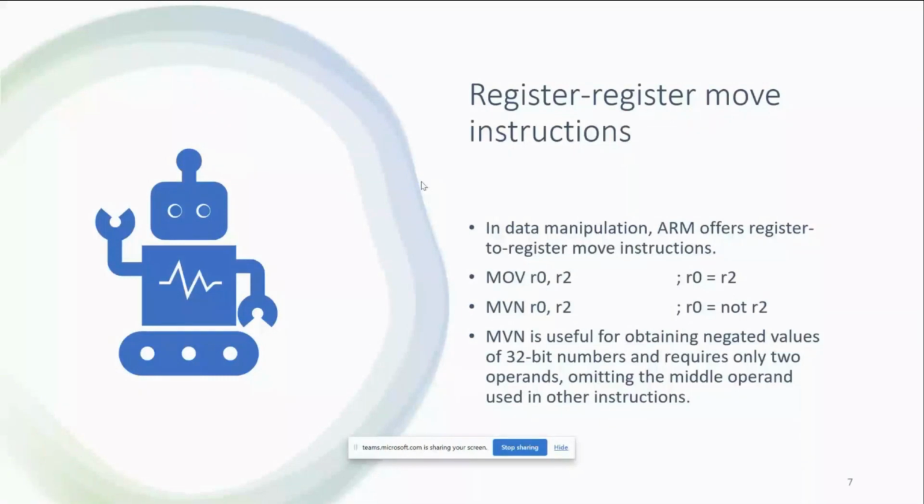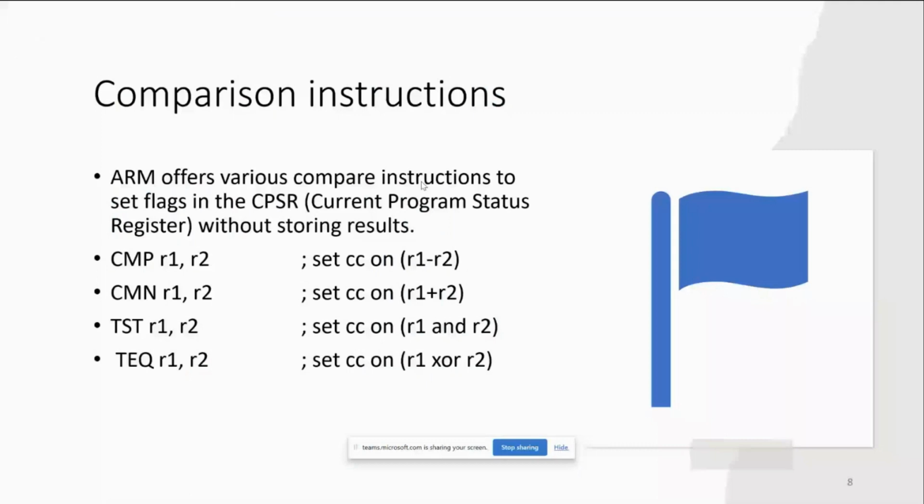Then we have another type of data processing, which is comparison instructions within the CPSR. So, okay, let's see the CPSR. One register we have seen is the program counter. Similarly, we have another register called the current program status register.